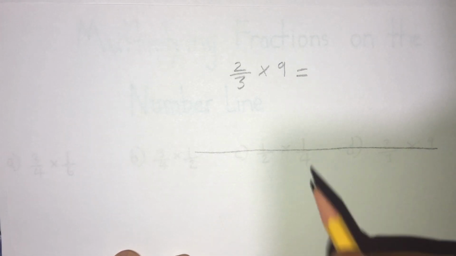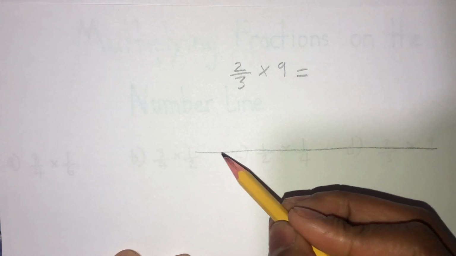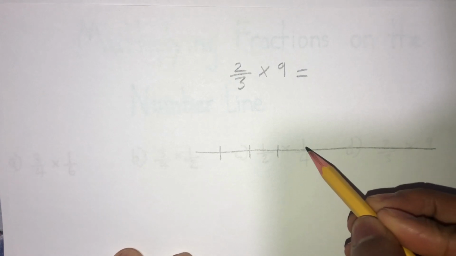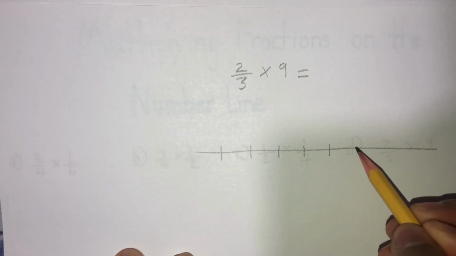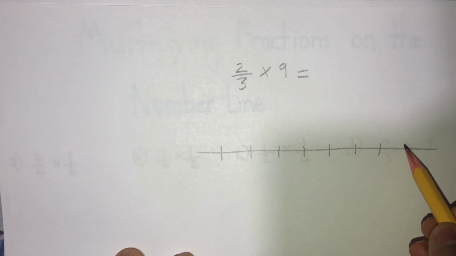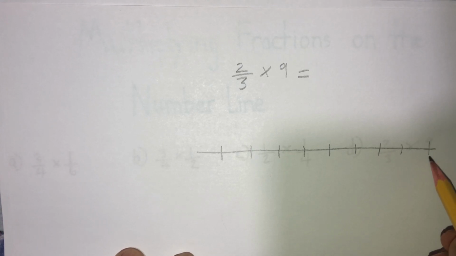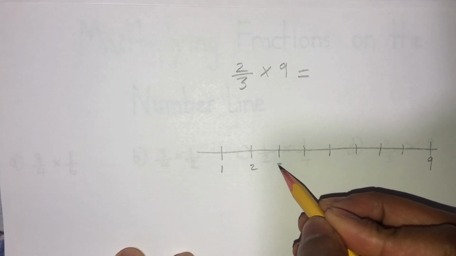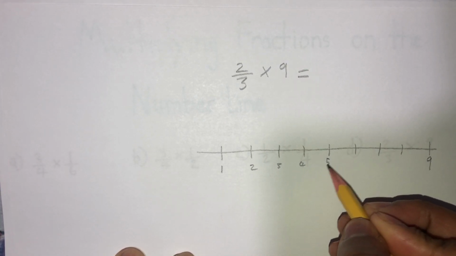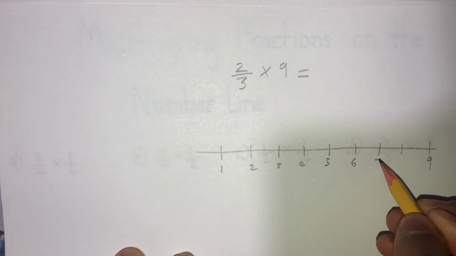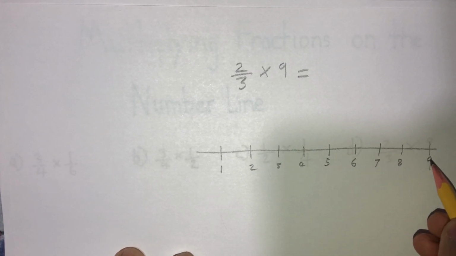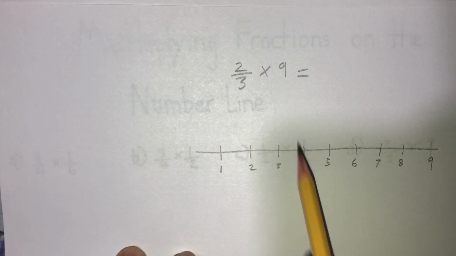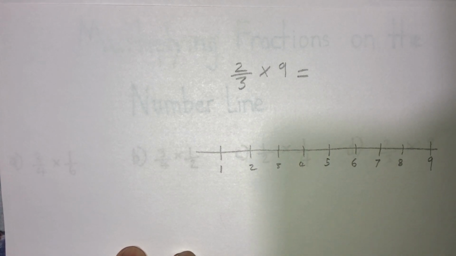Now we're going to divide our number line into 9 equal parts. 1, 2, 3, 4, 5, 6, 7, 8, 9. So we have divided it into 9 equal parts.